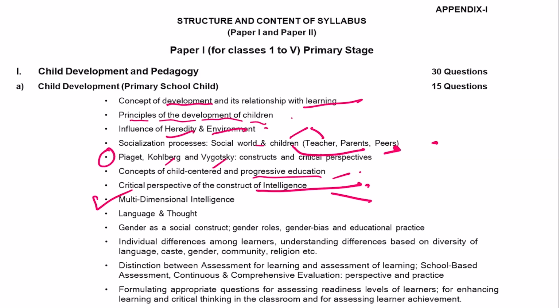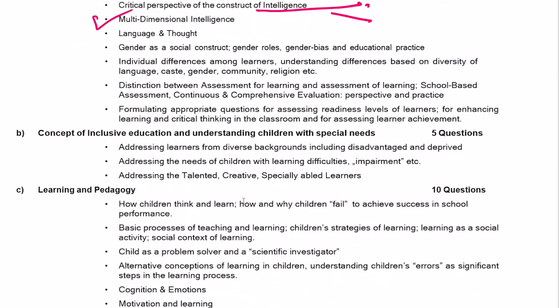Now we have also other portion that is called concept of inclusive education and understanding children with special needs. We get 5 questions from these topics: addressing learners from diverse background including disadvantaged and deprived children, addressing the needs of children with learning difficulties.